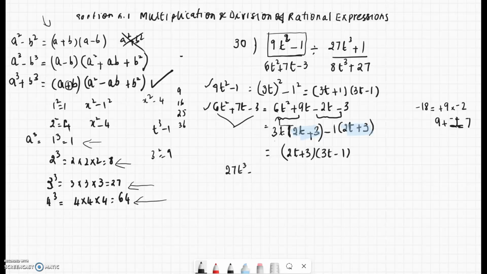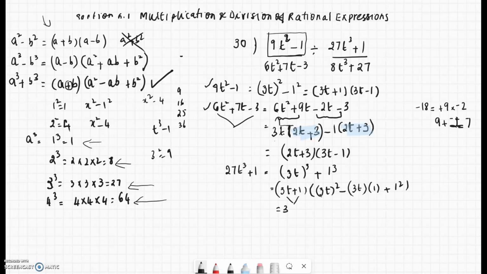So we factored 1, 2, then let's look at 27t cubed plus 1. It's a sum of cubes. So that's 3t the whole cubed plus 1 cubed. So this is equal to 3t plus 1 times square the first, change the sign, take the product of these two, plus square the second.